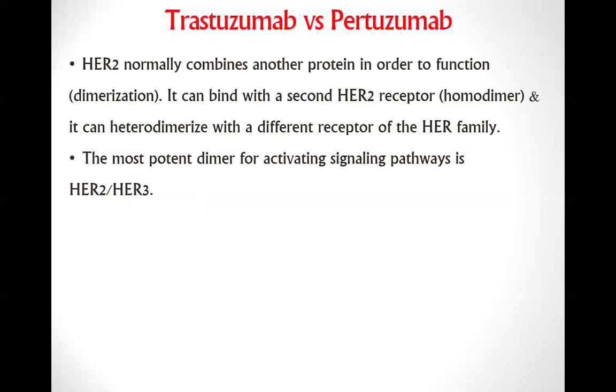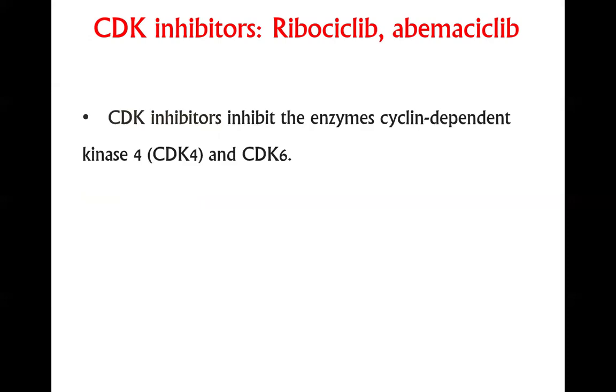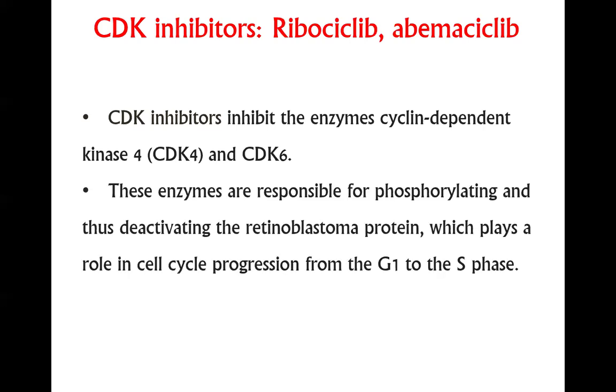Last is bone-directed therapy. Those CDK inhibitors are the drugs which inhibit CDK4 and CDK6. These are the kinases which are responsible for phosphorylating another protein. You must have heard about retinoblastoma protein. What is the role of retinoblastoma protein?